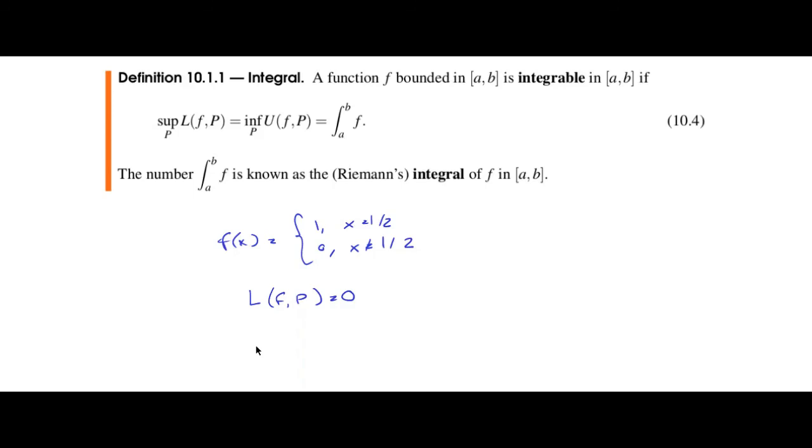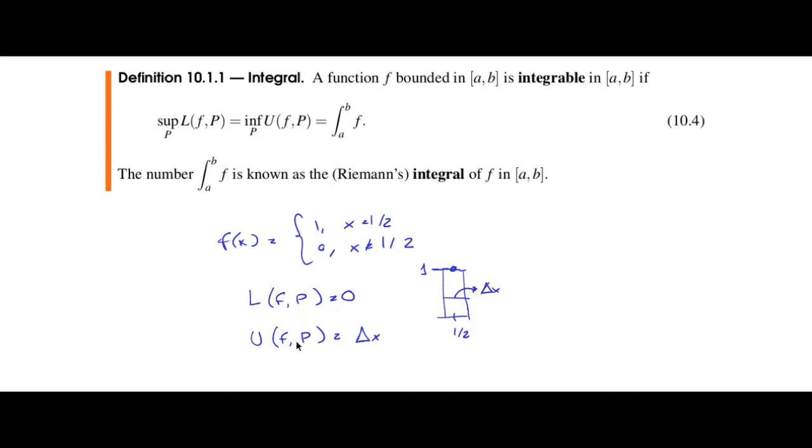And the upper sum is going to be delta x, where delta x is the width of the interval containing 1/2. So this is 1/2, this is 1, because that's the value of the function here.